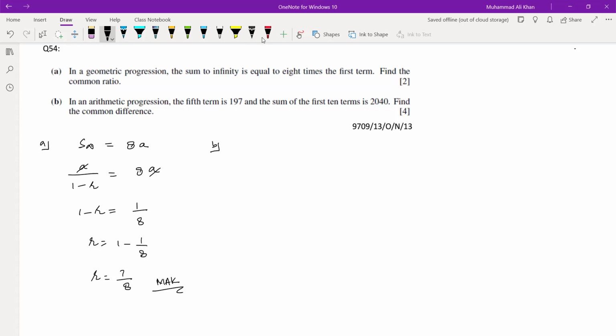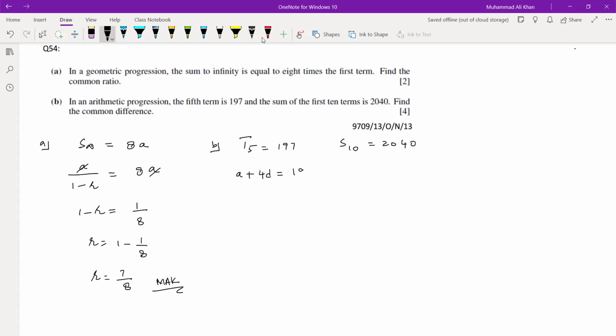In an arithmetic progression, the fifth term, T5, is 197, and the sum of the first 10 terms, S10, is 2040. Find the common difference. सुनिएगा. What is the fifth term of arithmetic progression? A plus (n minus 1) D, 5 minus 1 is 4D.